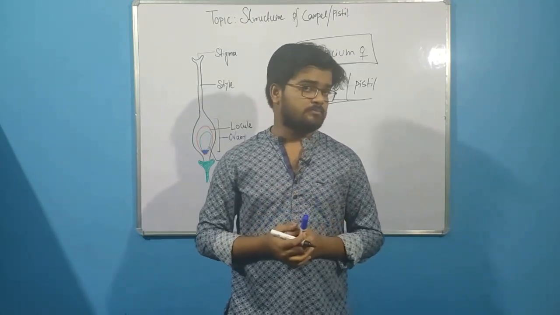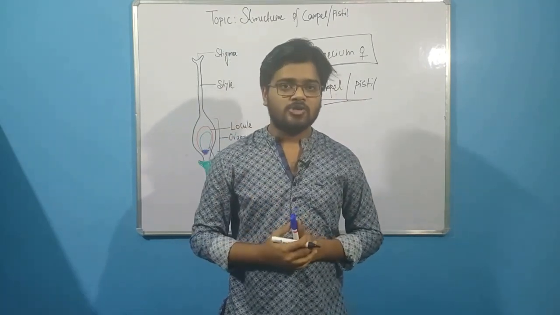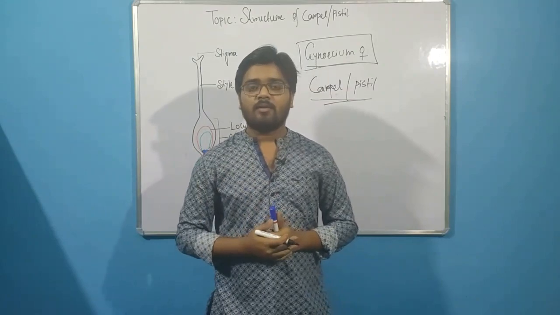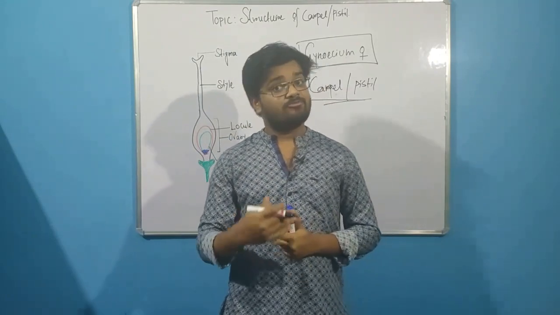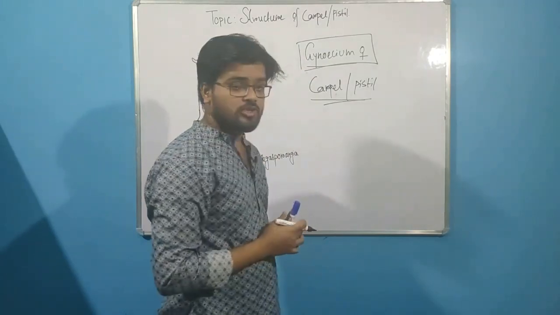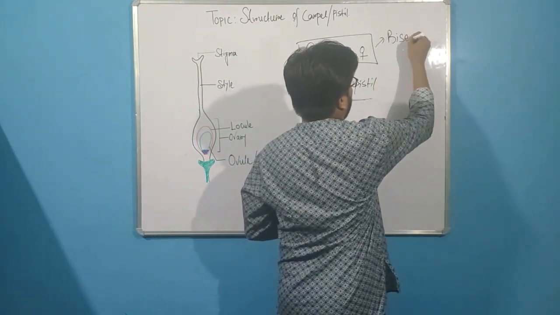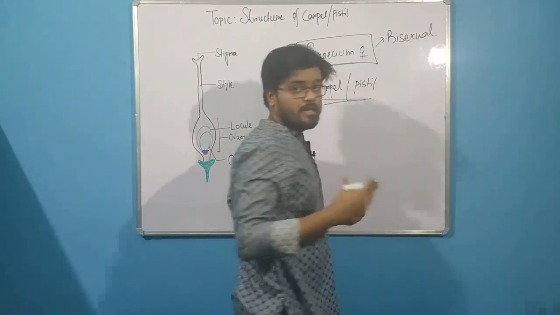We also know that the flower is the most fascinating feature of the higher angiosperms. So where can we get this gynoecium? We can get the gynoecium if the flower is a bisexual flower, like hibiscus, as we already know.